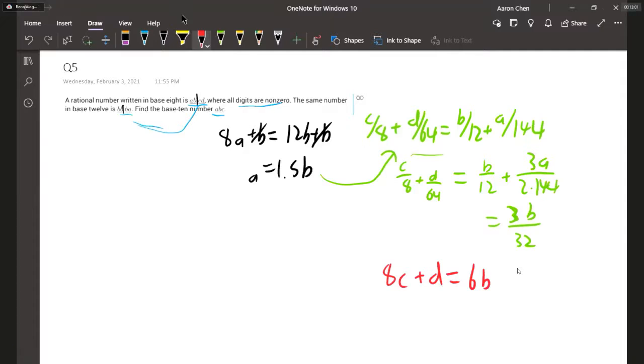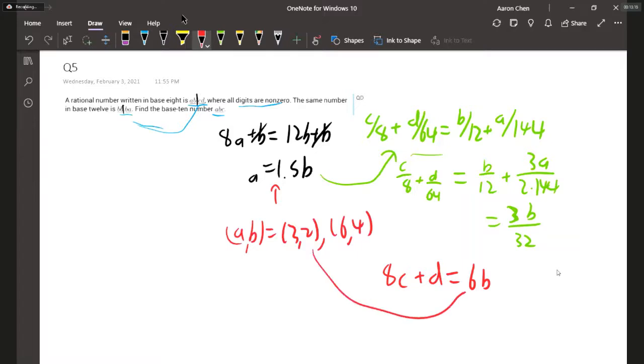And so because you have that a is equal to 1.5b, from here you have that (a, b) can either be (3, 2), or it can be (6, 4). And when you plug in b equals 2 to here, you can see that there's only one solution for c and d.